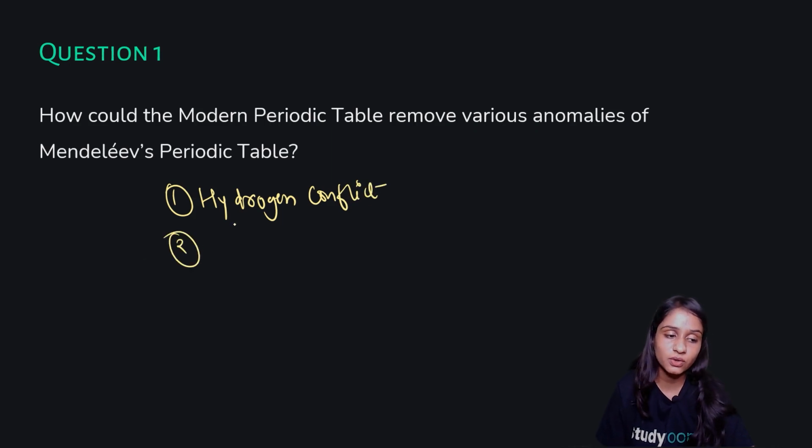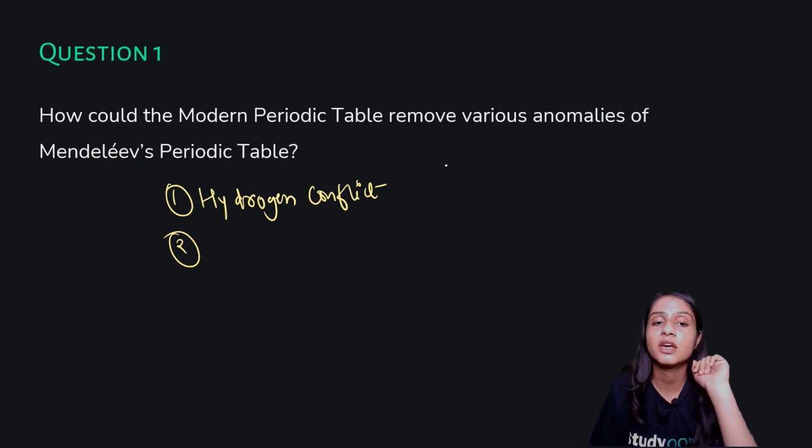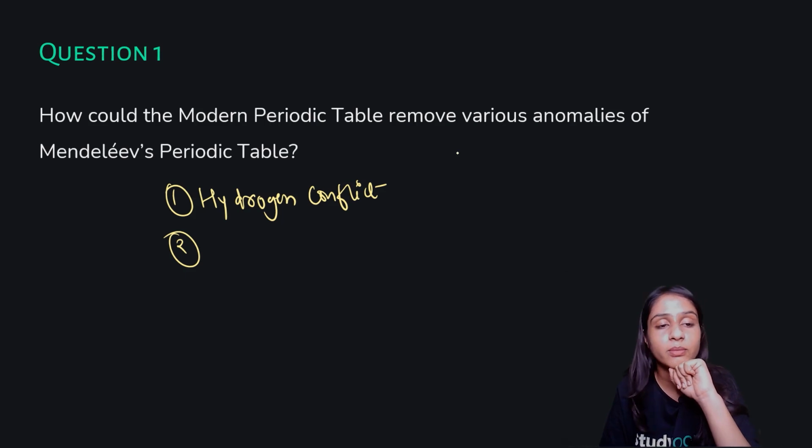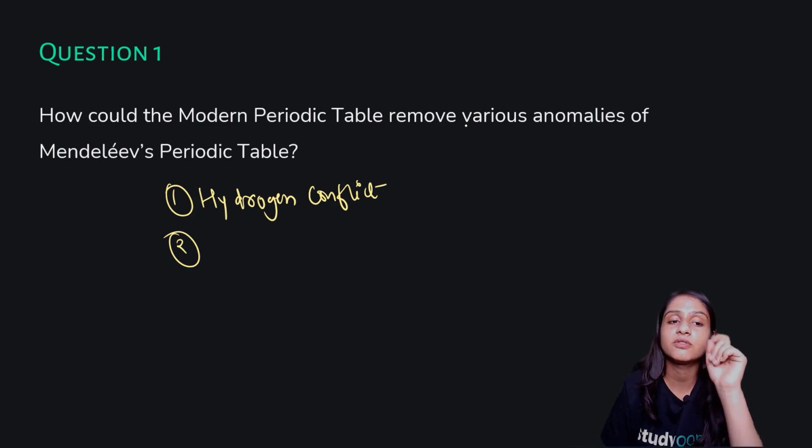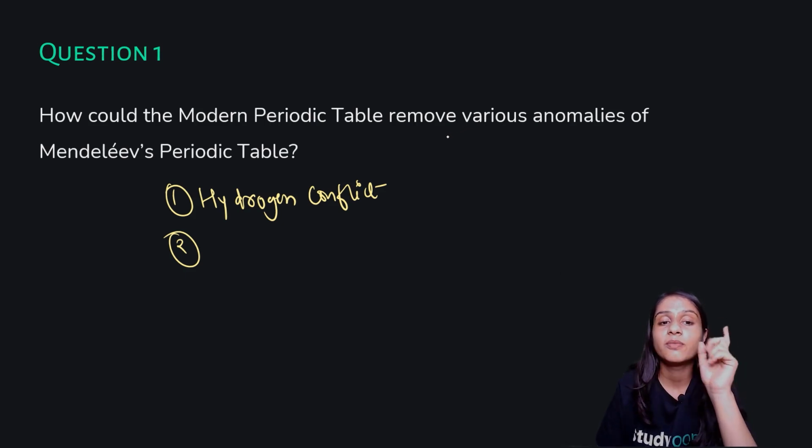Here I am taking some time to regain my memory of how the modern periodic table removed various anomalies of Mendeleev's periodic table.